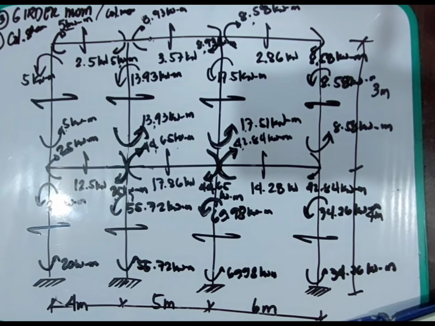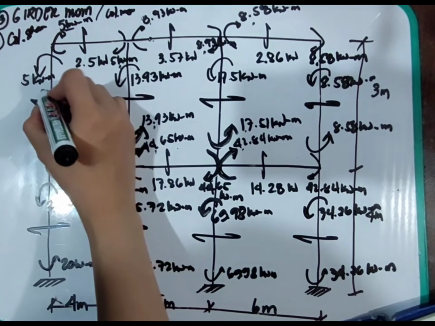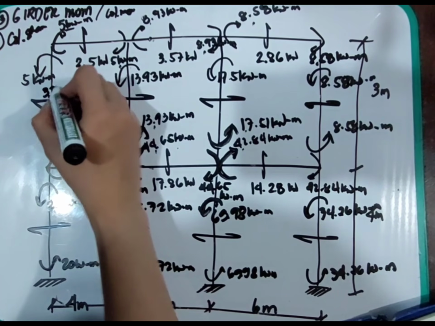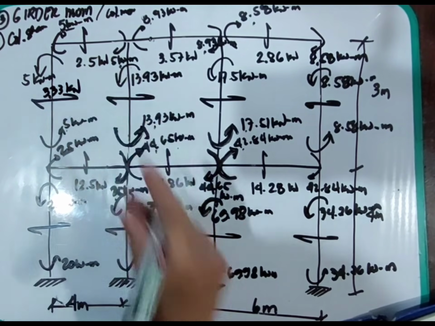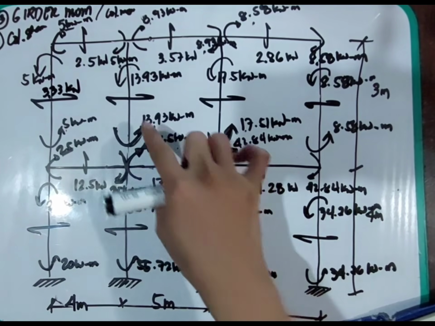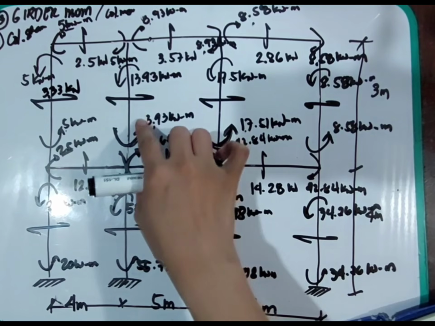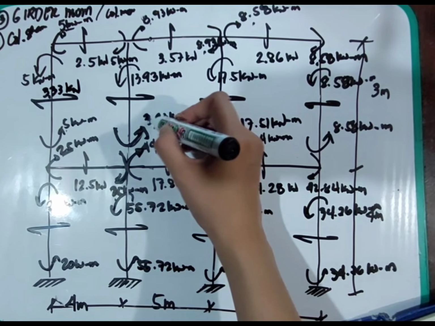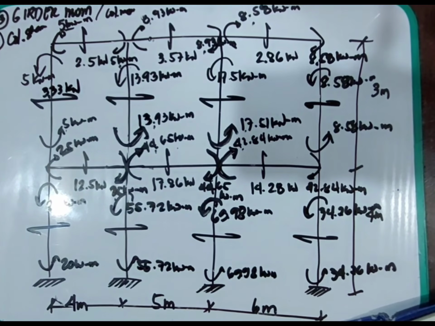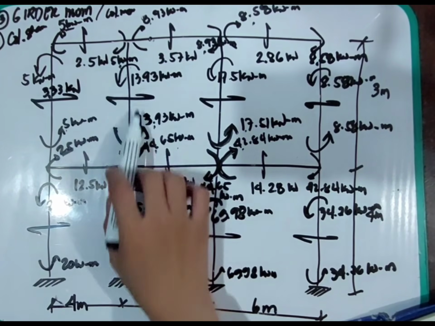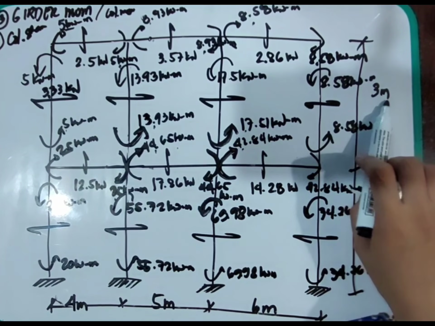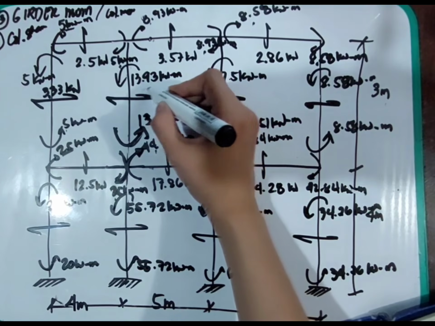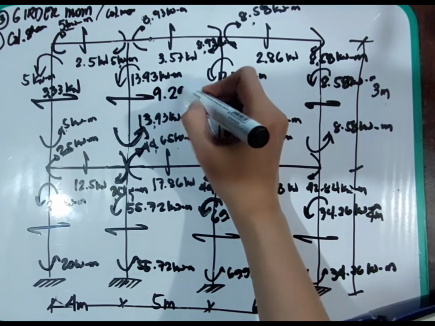So, 5 plus 5 is 10 divided by 3 is 3.333 kilonewton. Next, we have 13.93 plus 13.93 divided by 3. So, we have 9.29 kilonewton.